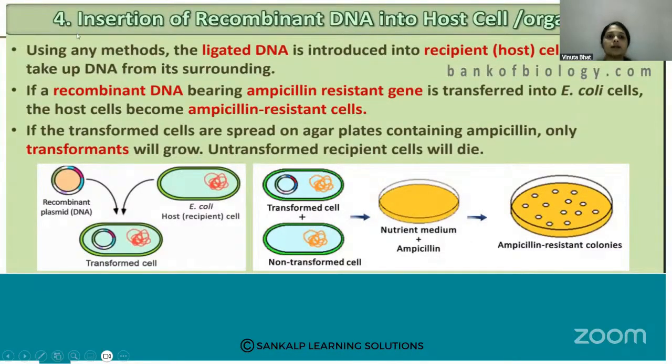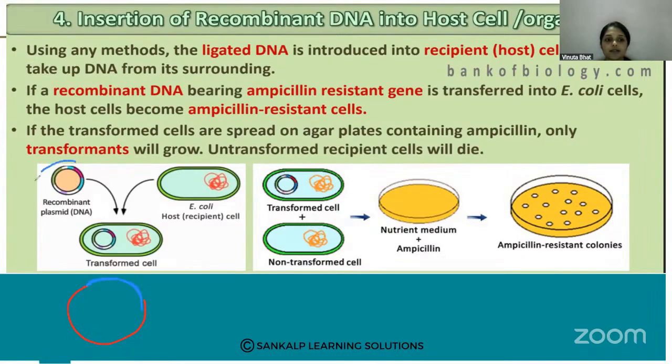Then the fourth step is insertion of recombinant DNA into the host cell or the organism. So now we have the recombinant DNA, which is having the gene of interest.